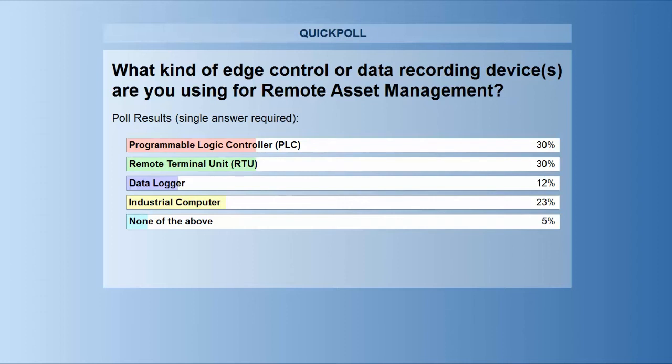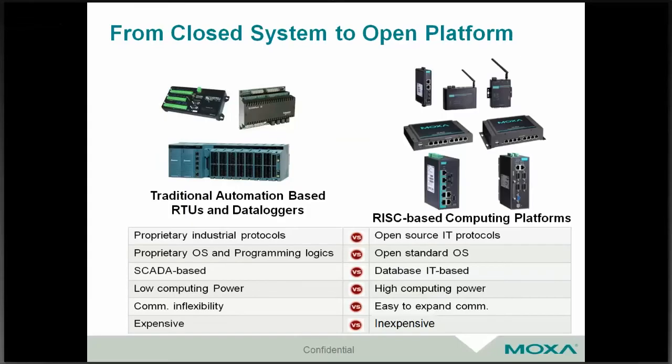So although the industrial computer is growing faster and faster, the PLC and RTU are still the majority of the usage. Now I want to address a little bit what the difference is between using the PLC, RTU, and data logger versus using the open platform.